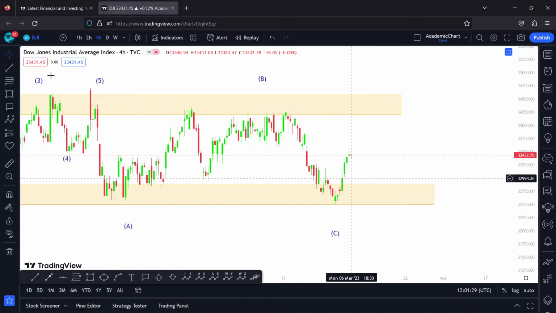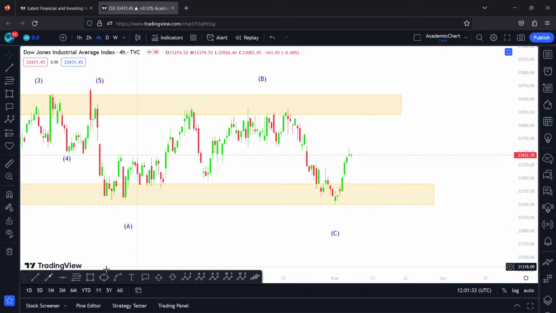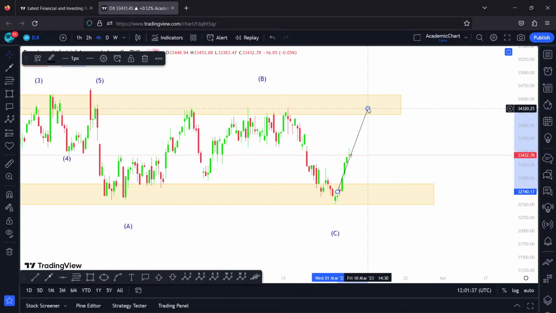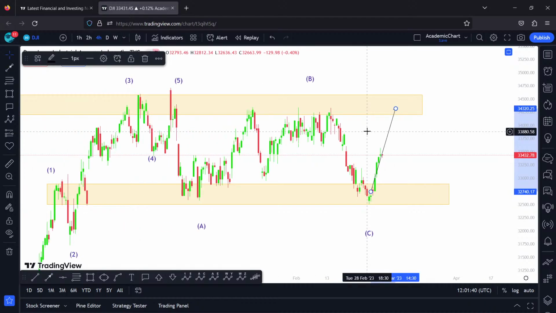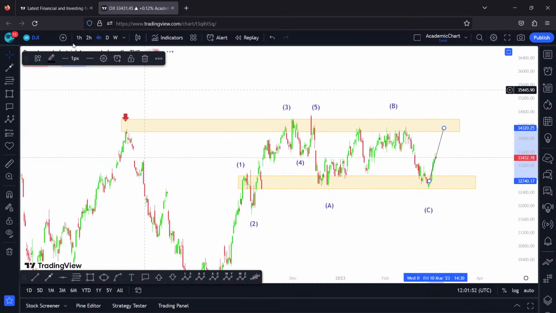So we know the conclusion of this is that if I can find an arrow, yes, the destination will be here. But it is important to know that we cannot say, okay, it was an ABC, the flat is done, and now it will be a breakout, and we are going to have the next wave.